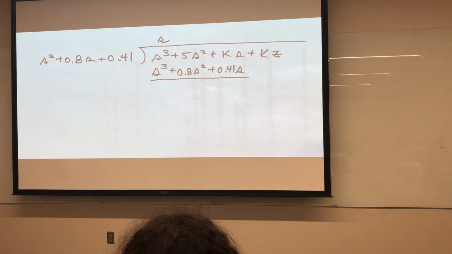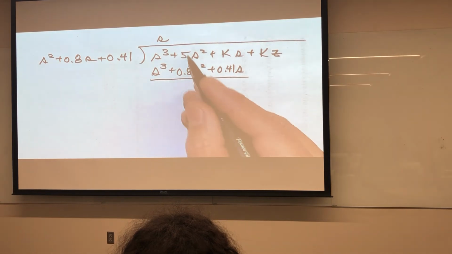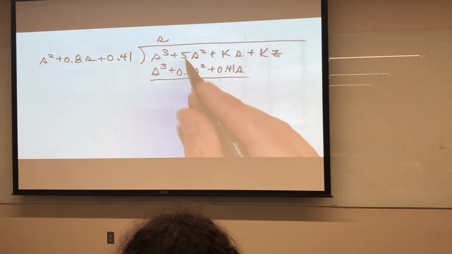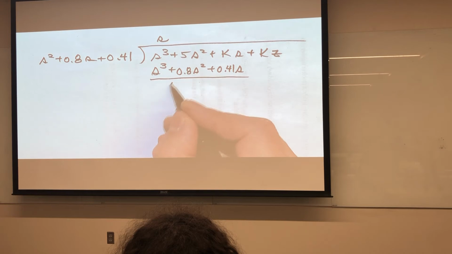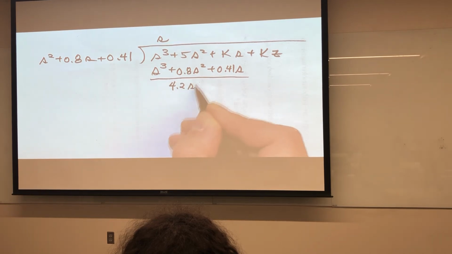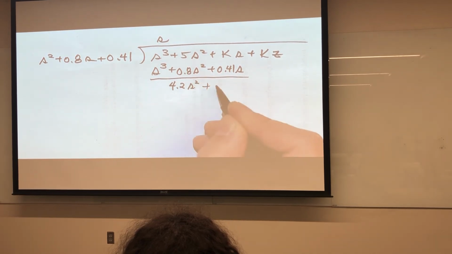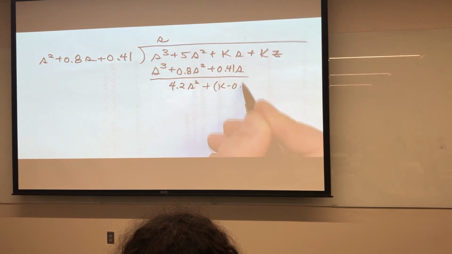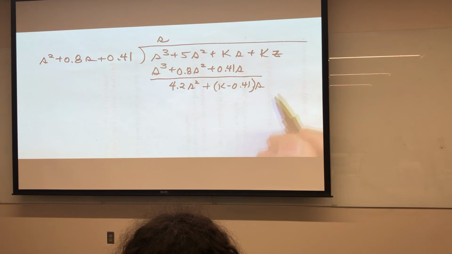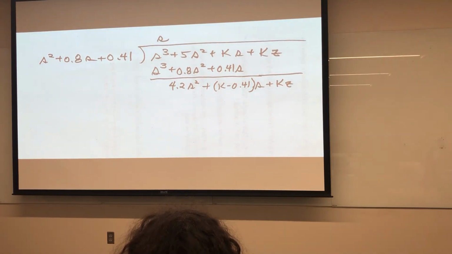Everybody's got their favorite way of subtracting. So now I get here 5 minus 0.8, I get 4.2 s squared plus (k minus 0.41) s, and bring down the next thing, plus kz. Everybody see how that works? The next step is subtract.